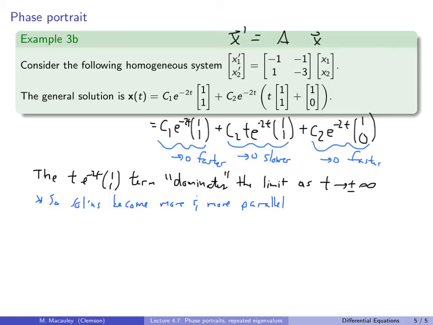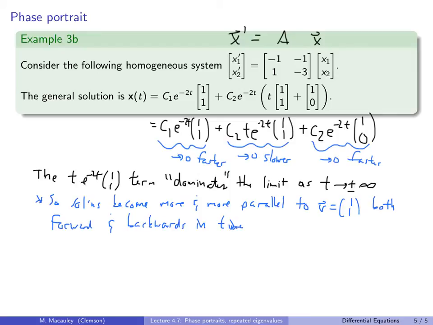Limits and asymptotics are a little bit beyond the scope of this class. So more and more parallel to v equals (1, 1), both forward and backwards in time.